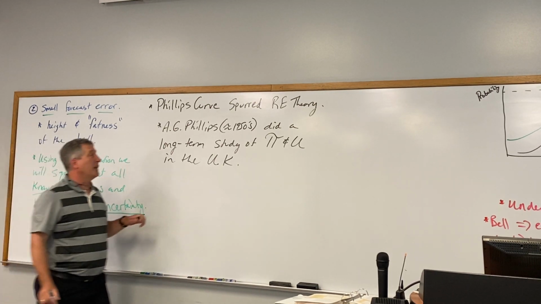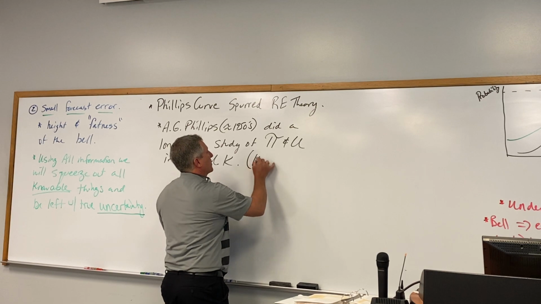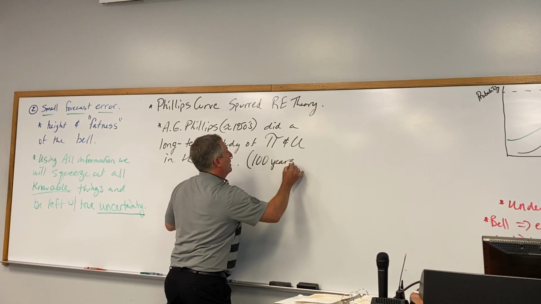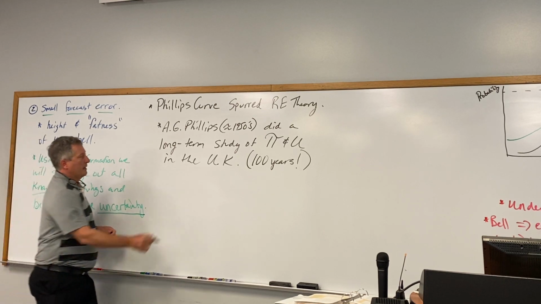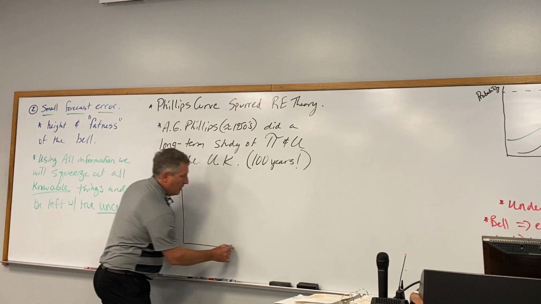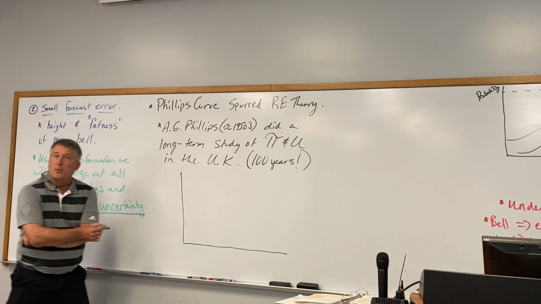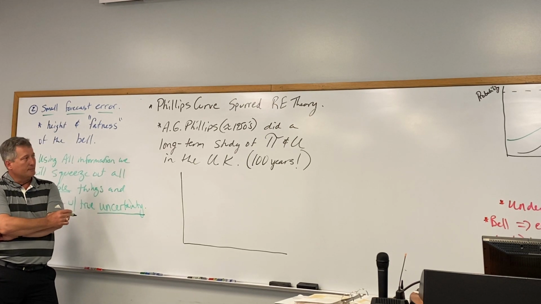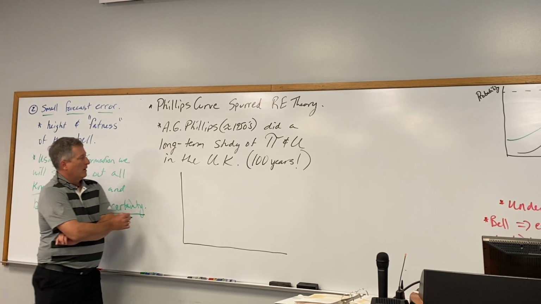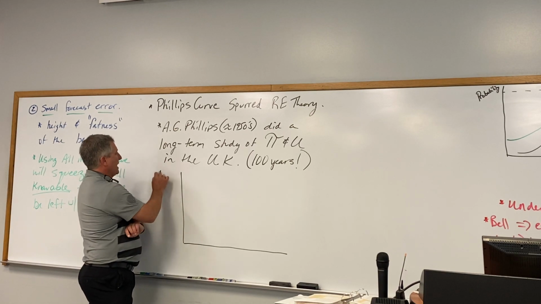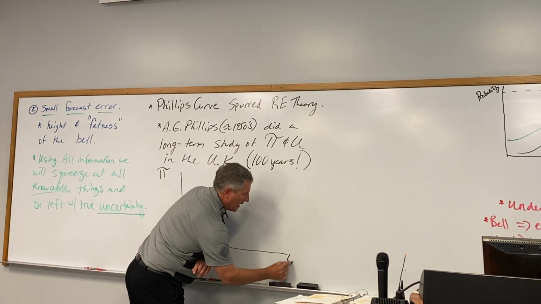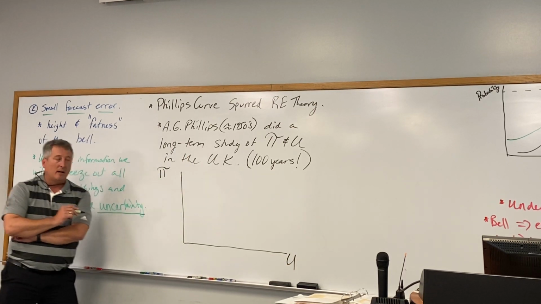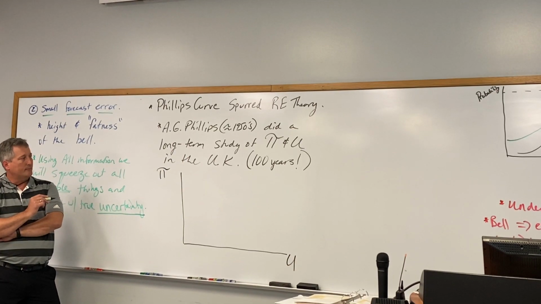It was actually approximately 100 years worth of information. And he graphed out the data points from over 100 years. And so we have inflation up here on the vertical axis and unemployment on the horizontal axis.